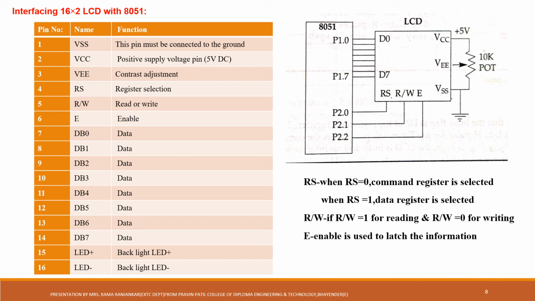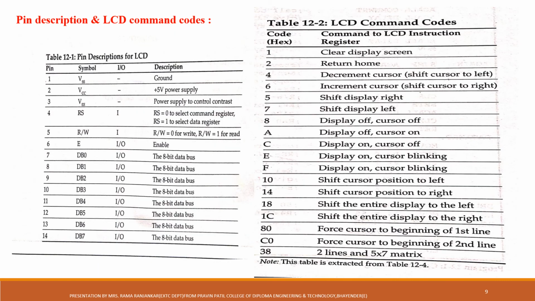A plus 5 volt power supply is required for the LCD, and finally ground, which is pin VSS. On the left hand side, we display the pin functions of LCD. So in this diagram, the LCD pin description is there as well as the LCD command codes.